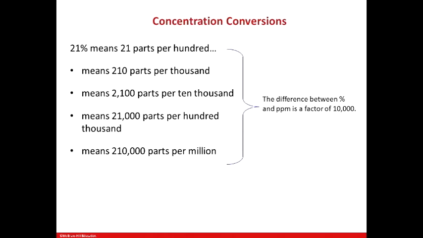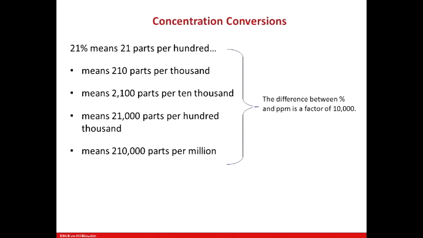Okay. But if we put that in parts per thousand, that same concentration would be expressed differently. It would be 210 parts per thousand, or 2,100 parts per 10,000, and so on and so forth until we reach parts per million. Part per million is a very popular way for scientists to talk about concentration.